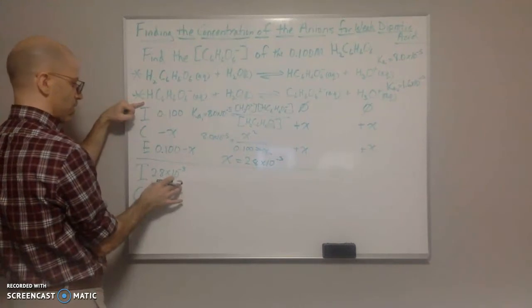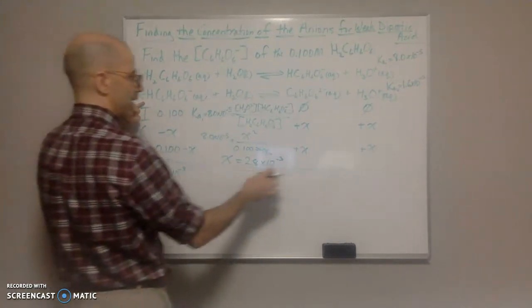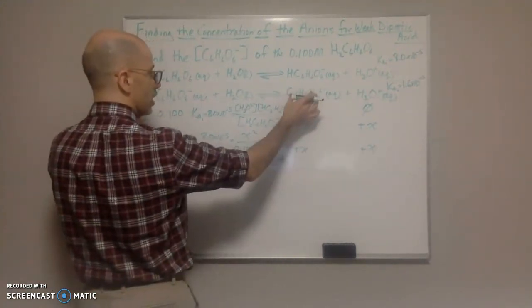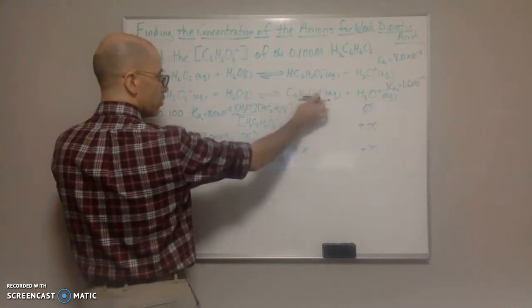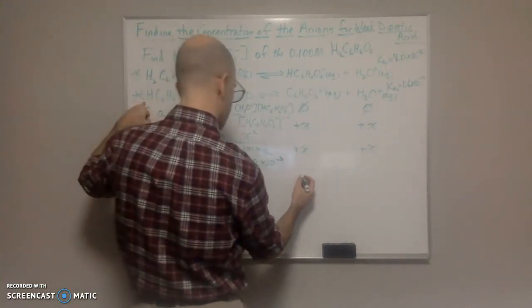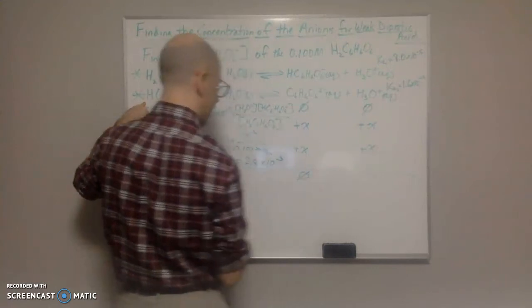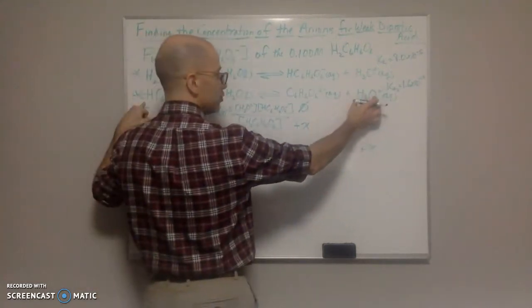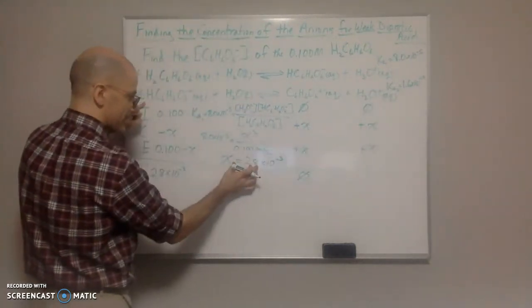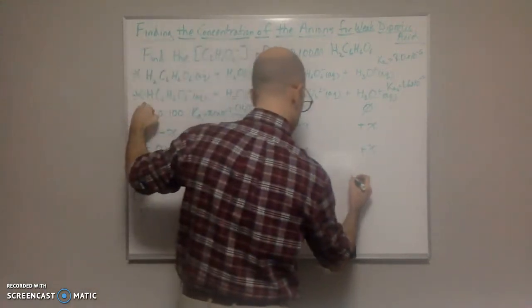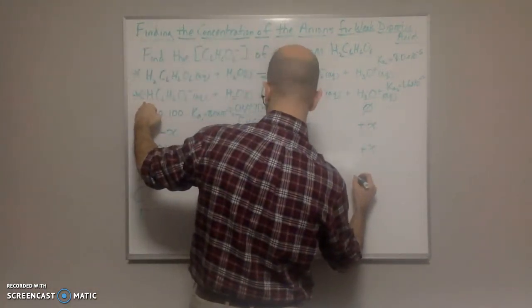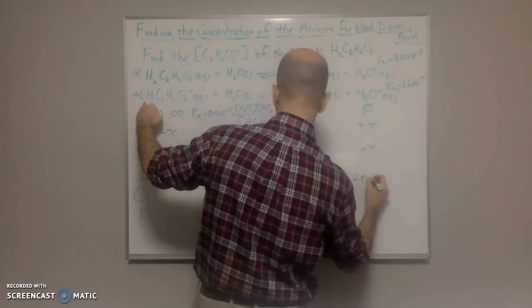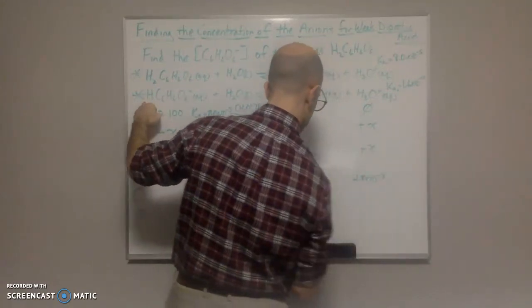So this is our starting concentration here. And now the starting concentration of this species here is 0 because we don't have any at the beginning. And then our H3O plus concentration is 2.8 times 10 to the negative 3.